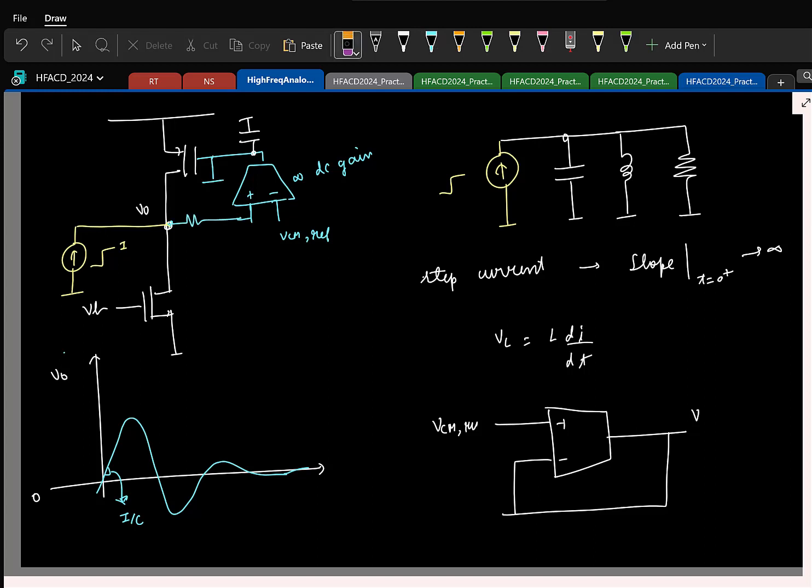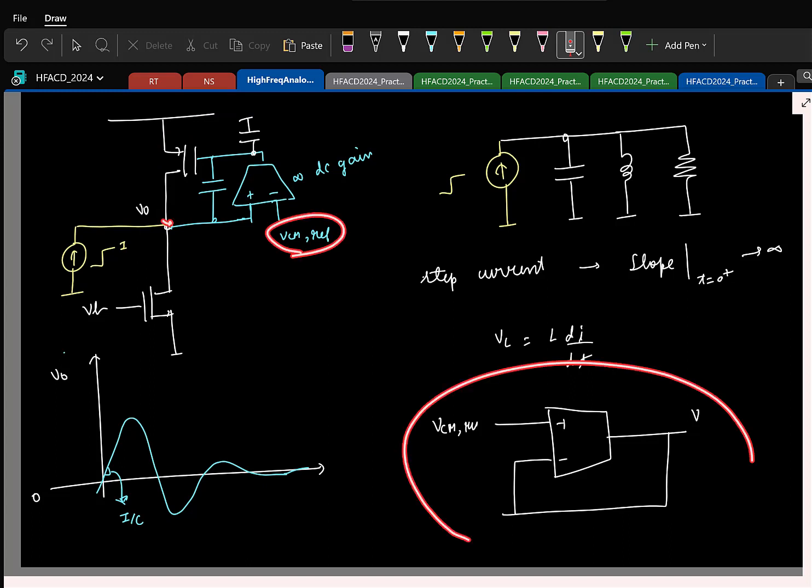The resistor is not relevant, so I'll not show it. Just the compensation capacitor is there. This guy is the first stage, this is the second stage. Together I can call it an OTA. For this two-stage OTA, one input is this, the other input is this. So this is what we have.